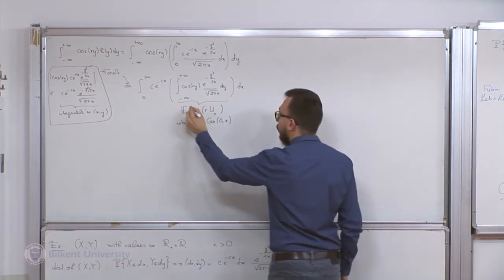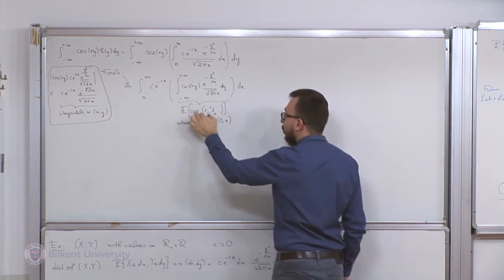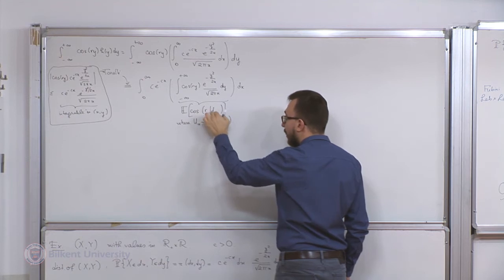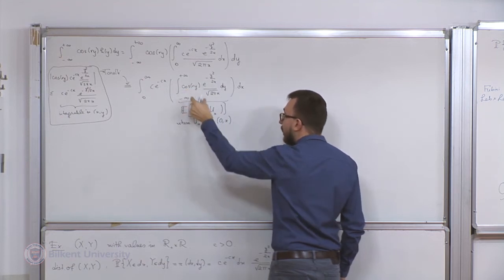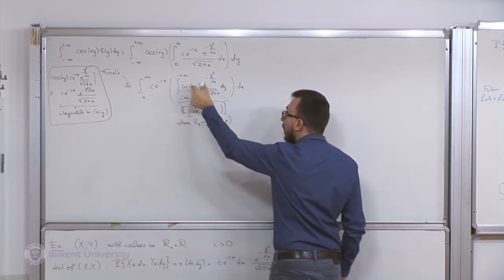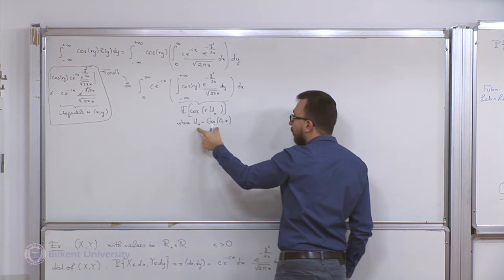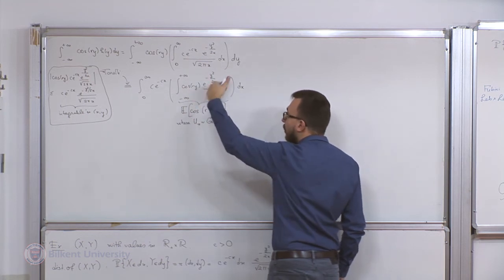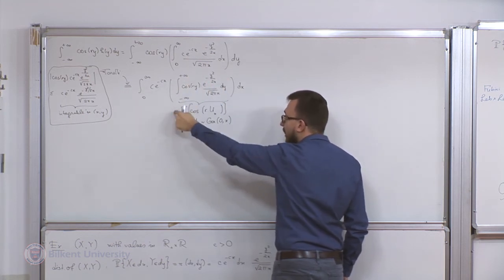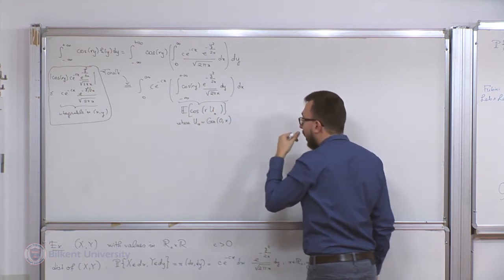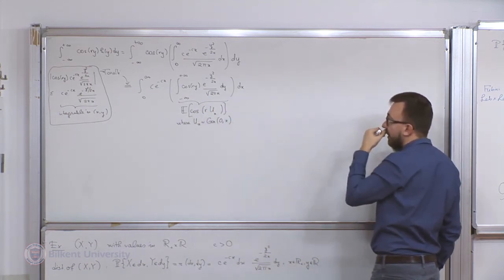So if you want to calculate the expectation of the cosine r times a random variable, you simply integrate this function times the distribution of the random variable. So if you assume that you have a random variable with this distribution, in fact, you can see this integral as the expectation of the cosine r times that random variable.